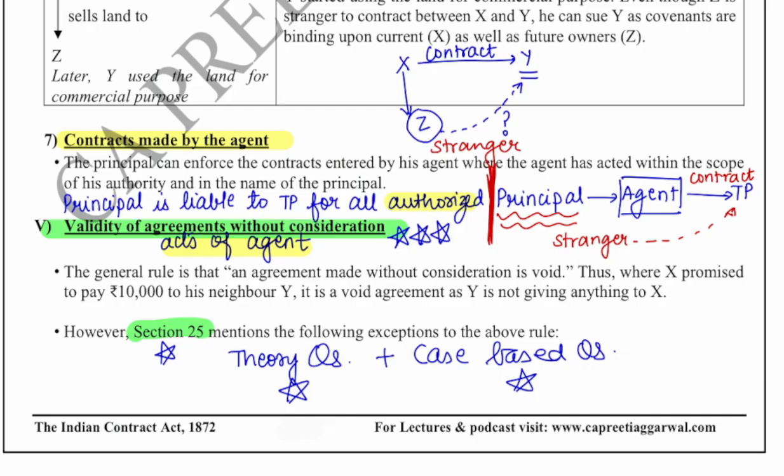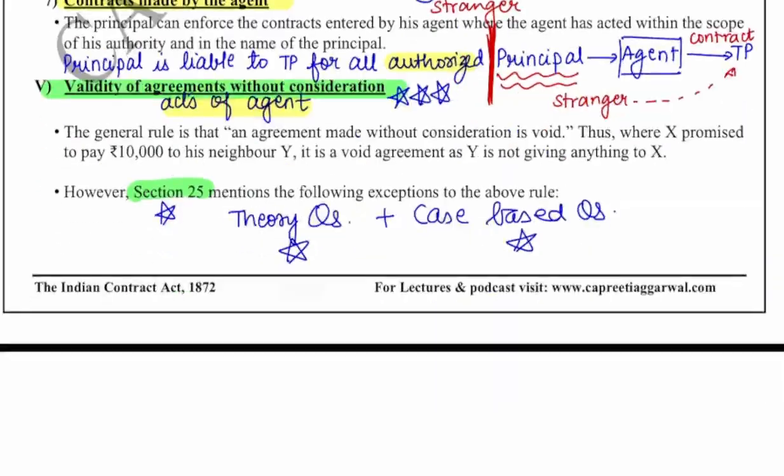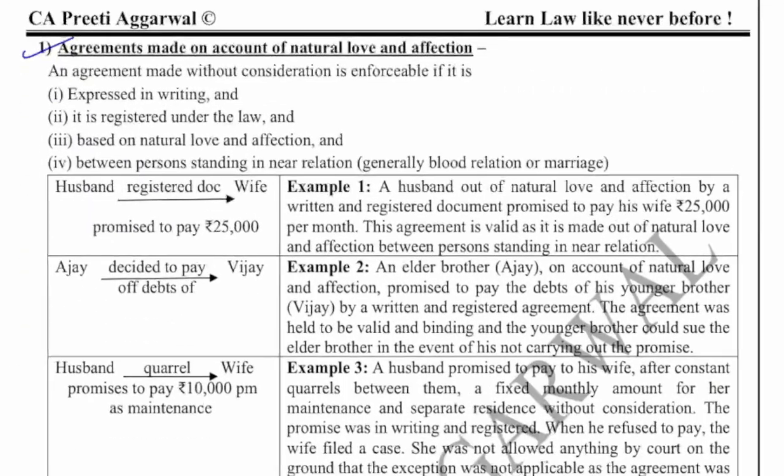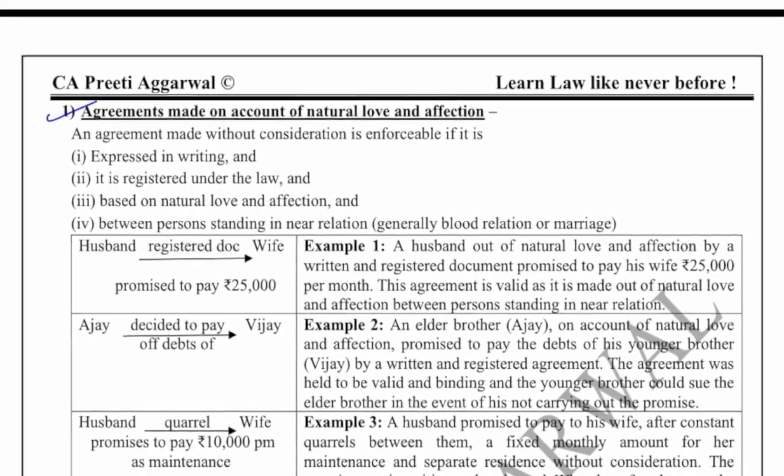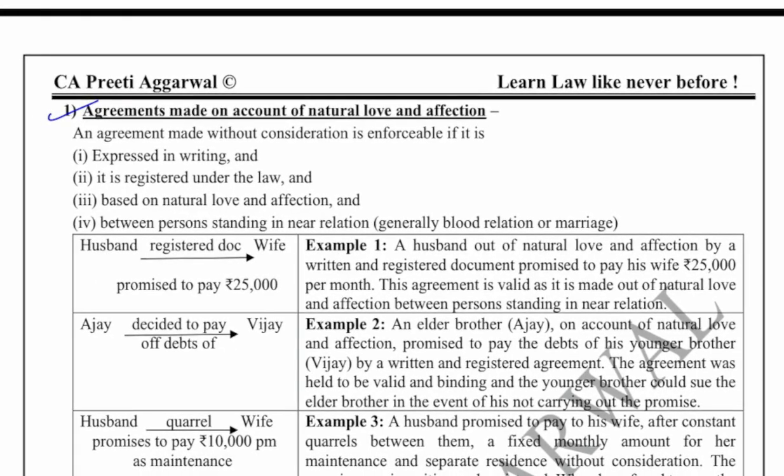Ma'am, without consideration means there won't be consideration for both. No, that is not what I mean. I mean that even if there is consideration for just one party, the following contracts are still valid. So in all these contracts, you will find that there is consideration for just one party. Even then, the contract is valid.